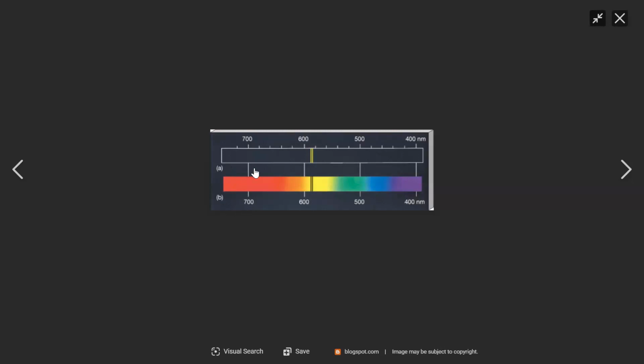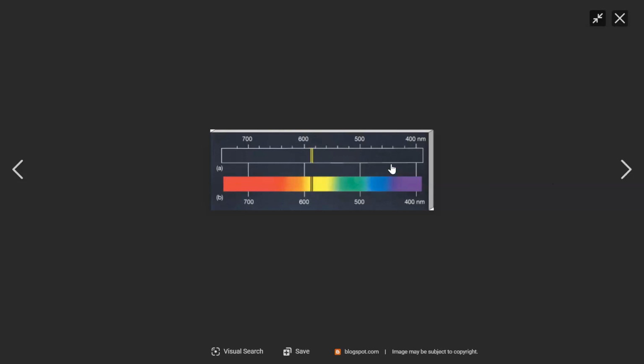The upper one is the emission spectrum of sodium, and the lower one is the absorption spectrum. Is it clear?